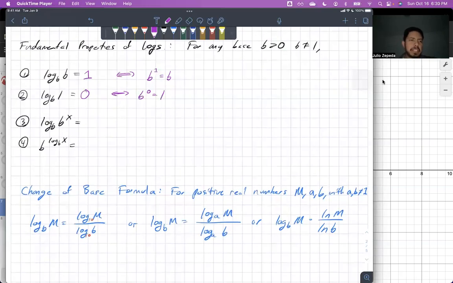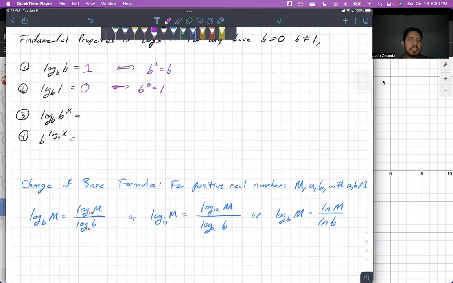Okay, next one. This is the one that we're not going to explain too much. But the log base b of b to the x, what exponent do I need to put on b to get b to the x? That would be x. And one way to think of it is that these cancel each other out. A logarithm with the base.